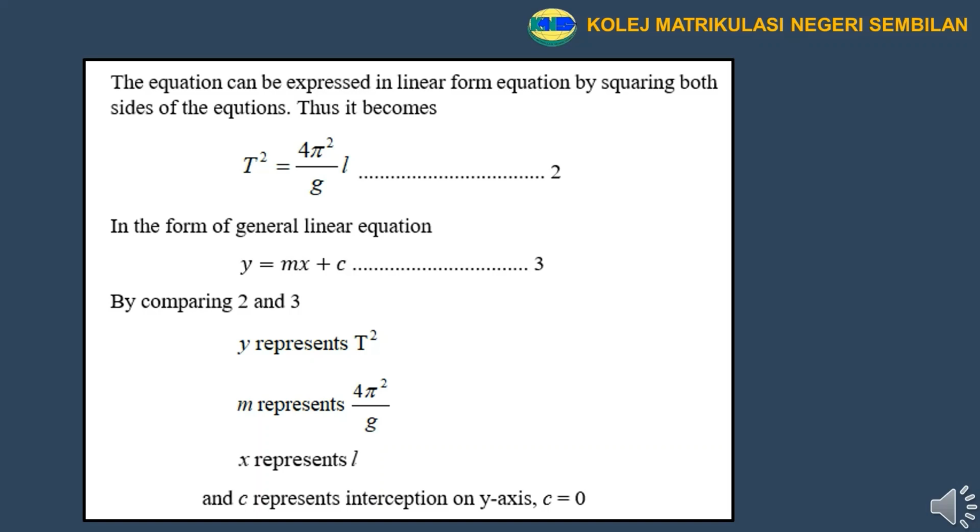The general linear equation is given by y equals mx plus c, equation 3. From there, you notice that y represents T squared, m represents 4 pi squared over g, x represents L, and c represents the intercept on the y-axis, whereby c equals 0.